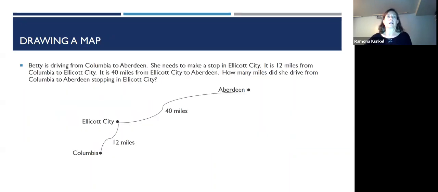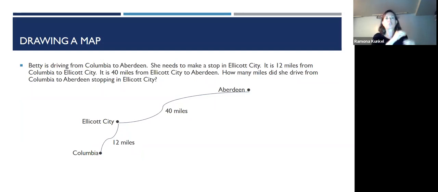Okay. So this is another similar problem. Sometimes they have these maps where they're saying that they drove from here to here. So this is just a problem. I made it local to Maryland, where they're driving from Columbia to Aberdeen, but they have to make a stop in Ellicott City.